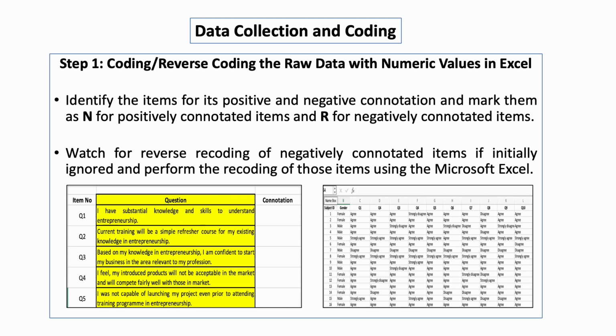In a negatively connotated statement or item, you will assign 1 to fully agreed, 2 to agreed, 3 to disagreed, and 4 to fully disagreed. This is very important, otherwise you will have very unlikely results that you may not be expecting.